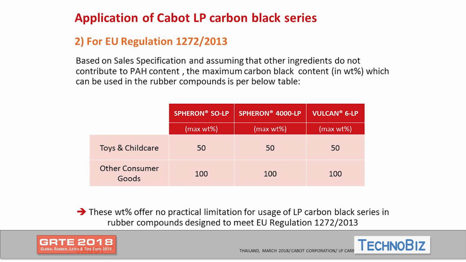Again, it's not based on real test data. It's just based on our specification. And for the second category, other consumer goods, you can also go to unlimited loading, 100% maximum.